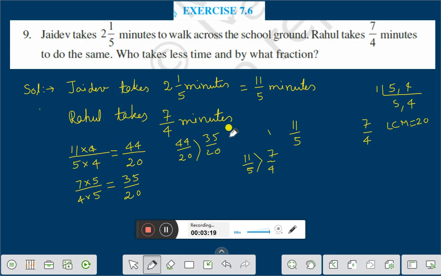Right? The question: who takes less time and by what fraction? Less time. 11 by 5 is greater. Therefore, Rahul takes less time. Therefore, the answer to who takes less time is Rahul.